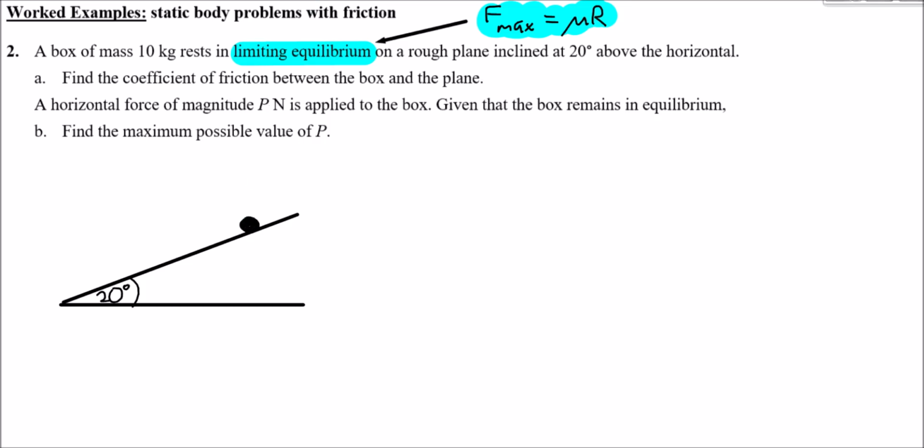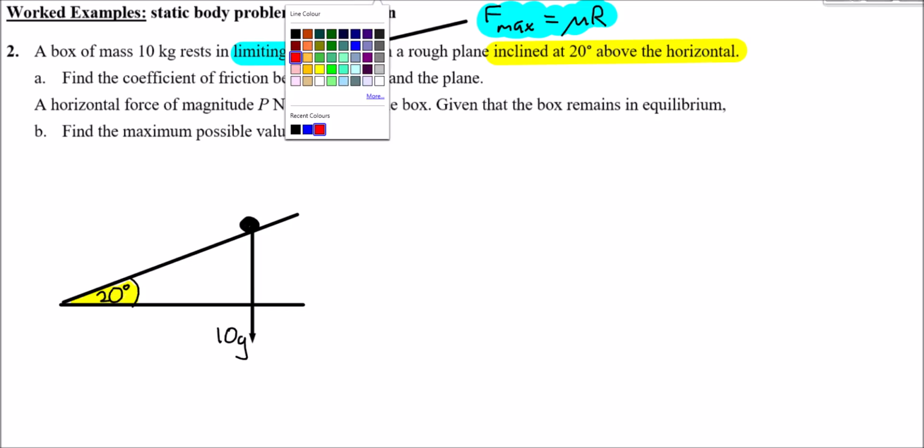We're told it has a mass 10 kilograms, so its weight will be 10G acting downwards, like so. Just colour code where I've got this information from as well. That's 20. Almost, it'll come as second nature eventually.